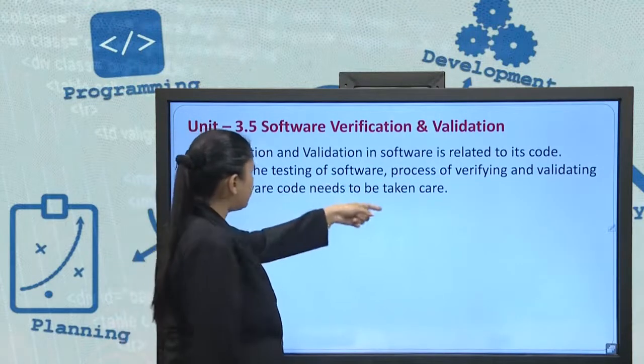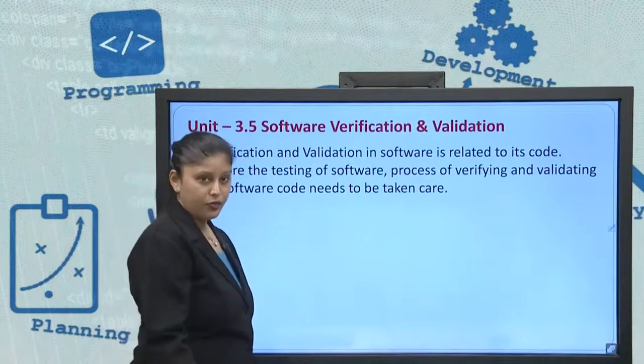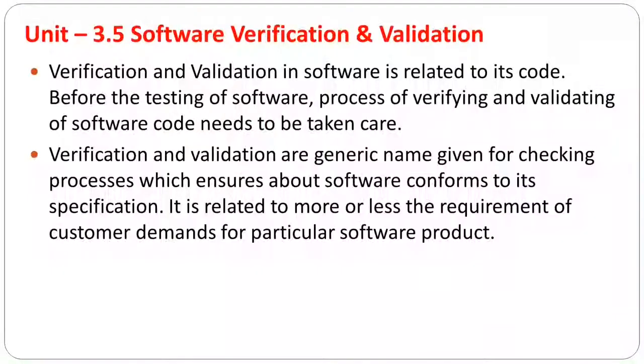Before the testing of software, the process of verifying and validating software code needs to be taken care of. Verification and validation are generic names given for checking the processes which ensure that software conforms to its specification, alright. Whatever specification my customers would have given, whether my software is meeting all those specifications or not, comes under verification and validation.